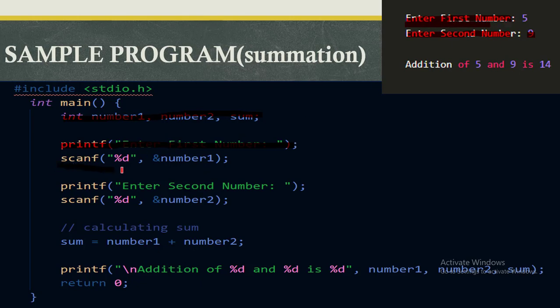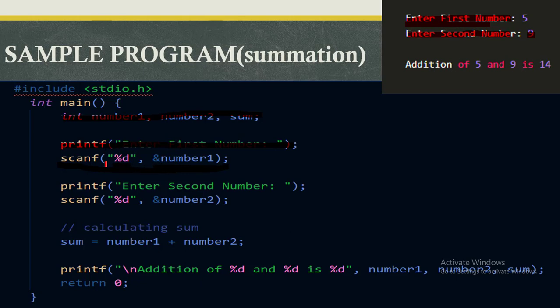Then you have a scanf statement, and this particular statement is what is responsible for capturing the number that has been input by a user from the keyboard. Remember, we said that a scanf has two parts, the conversion specifier as well as the address section.